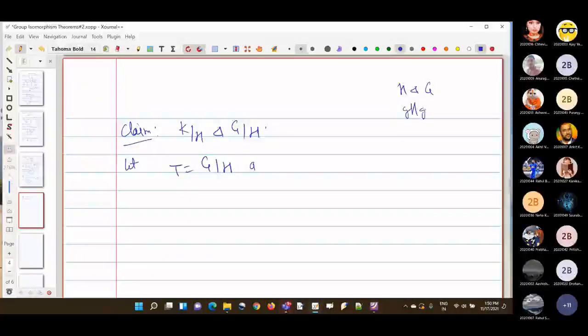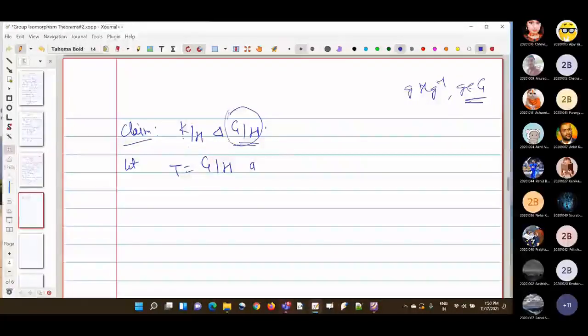We need to prove that g inverse h g belongs to H. Like this we need to prove. So in view of this, we need to consider elements from here, some element from here, that is g. So this g belongs to capital G. So this T we have considered from here.